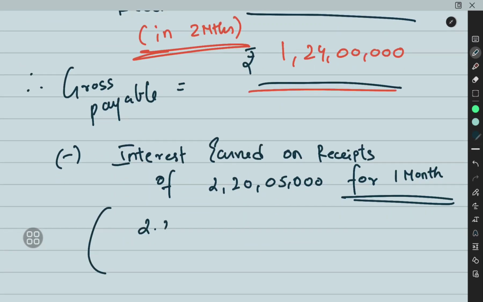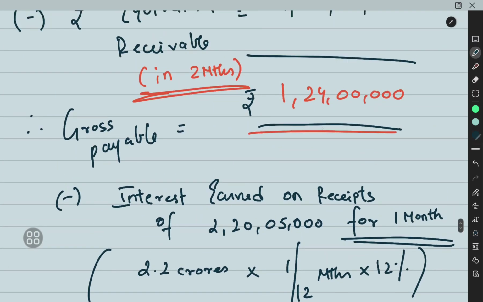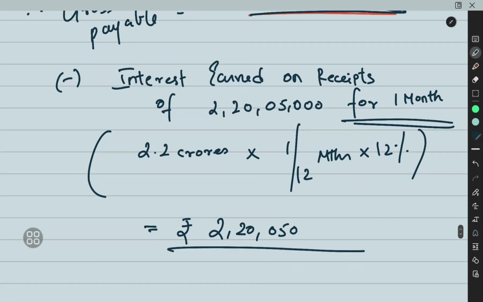So 2.2 crores into 1 by 12 months into 12%. The 12% rate is already given, so I'll calculate 2 crore 20 lakh 5,000 into 1 by 12 into 12%, which is 2 crore 20 lakh 50 rupee. So this is my income, this is my outflow, and this is my inflow.